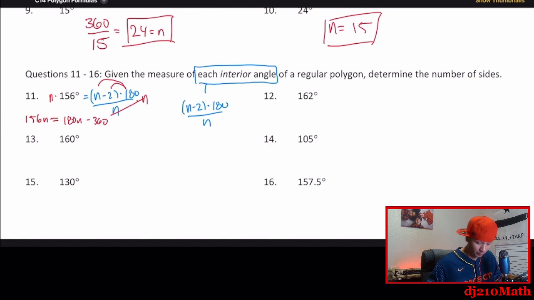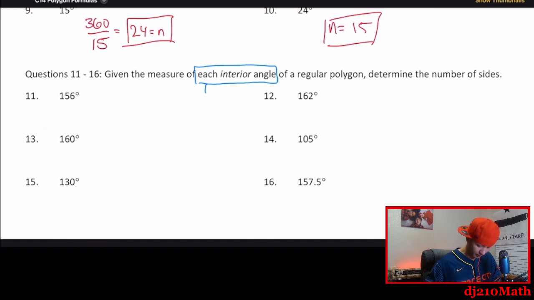So we're given an interior angle, which means that I don't know how many sides it is, but it for sure has an angle that looks like this. That's 156 degrees.